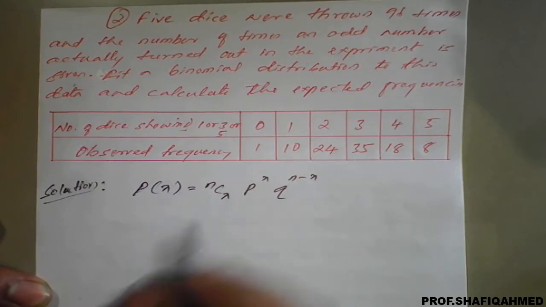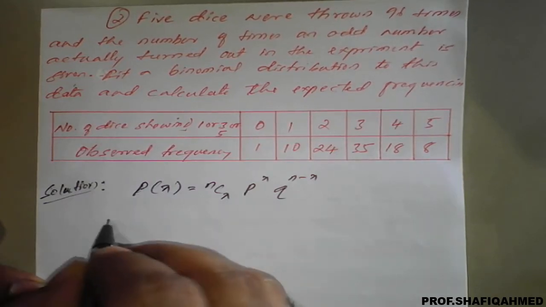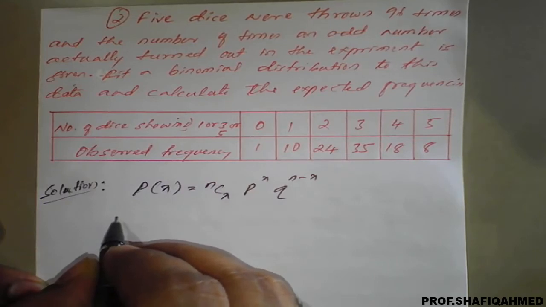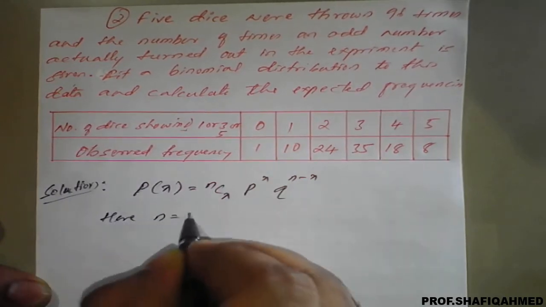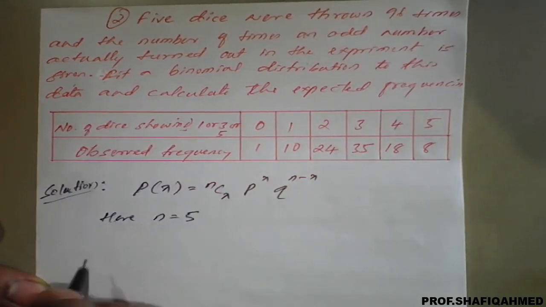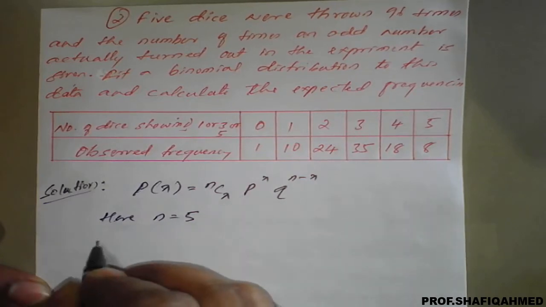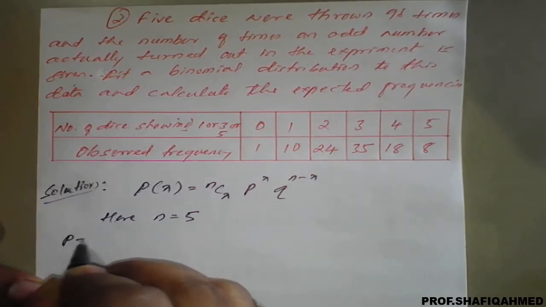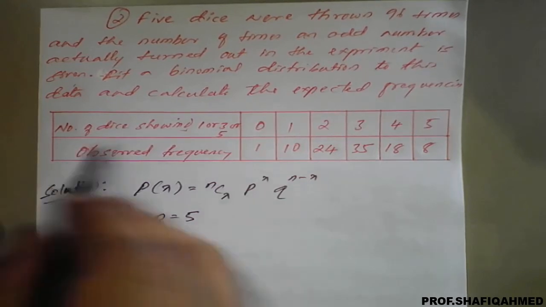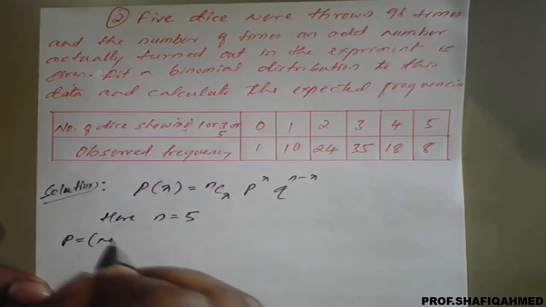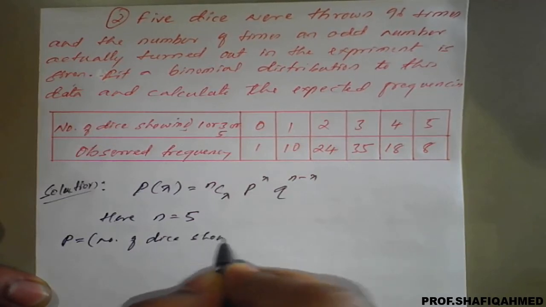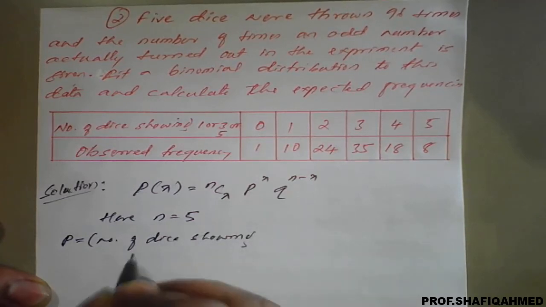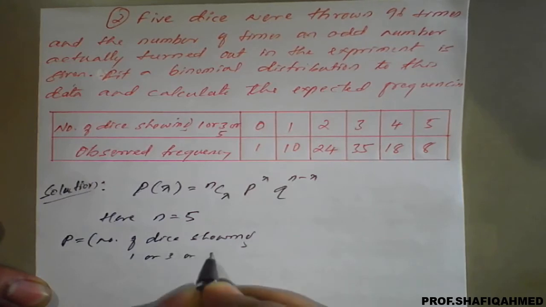Now first, n is how many here? n is 5, because 5 dice they are throwing. Next, p stands for the probability of a die showing 1 or 3 or 5.